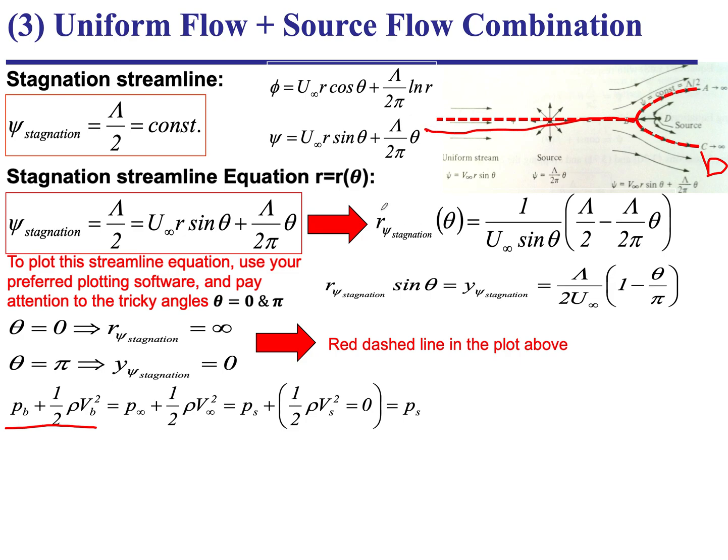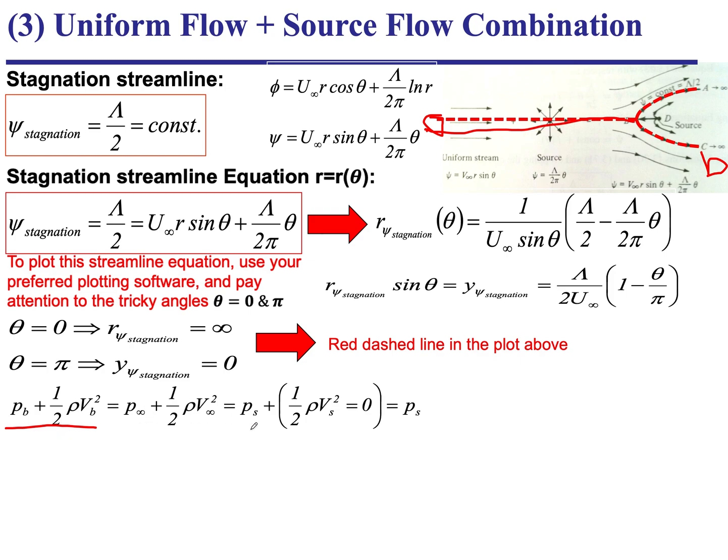Remember, Bernoulli is defined on a streamline, so we can take 2 points on that streamline, a point at infinity, sufficiently upstream of the body, and a point on the body, so we can get what the body pressure distribution looks like.